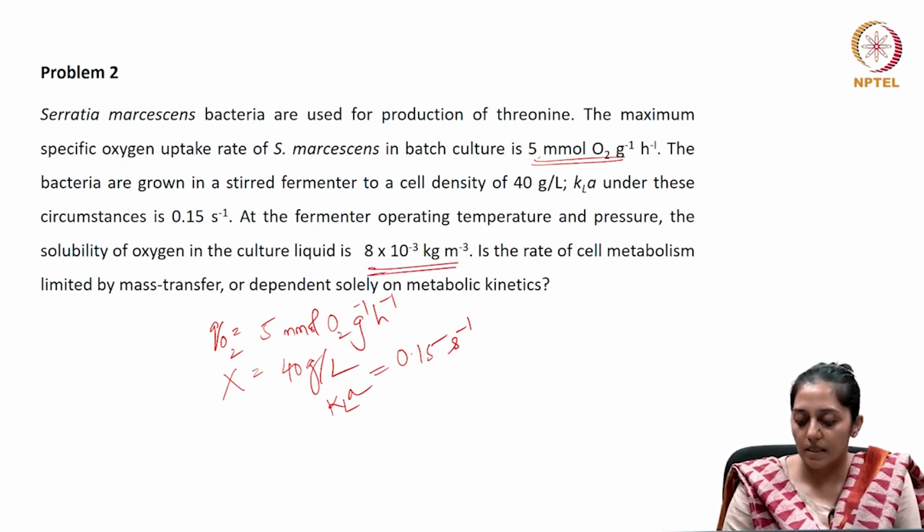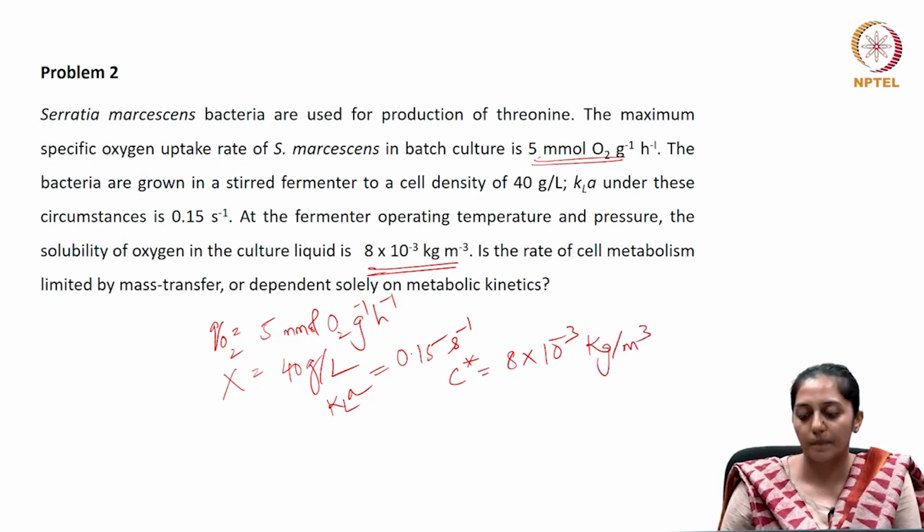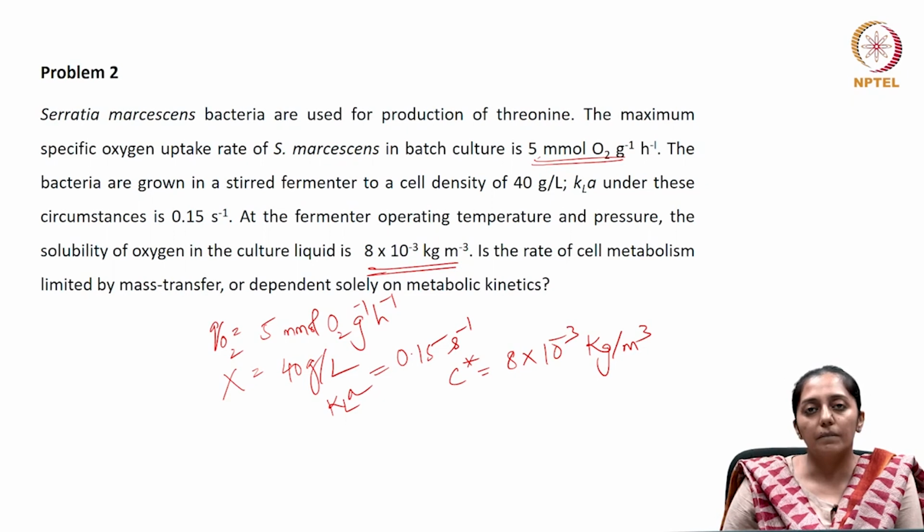So, this is nothing but our saturation concentration of oxygen in the bulk. Now, we need to determine if the rate of cell metabolism is limited by mass transfer or not.